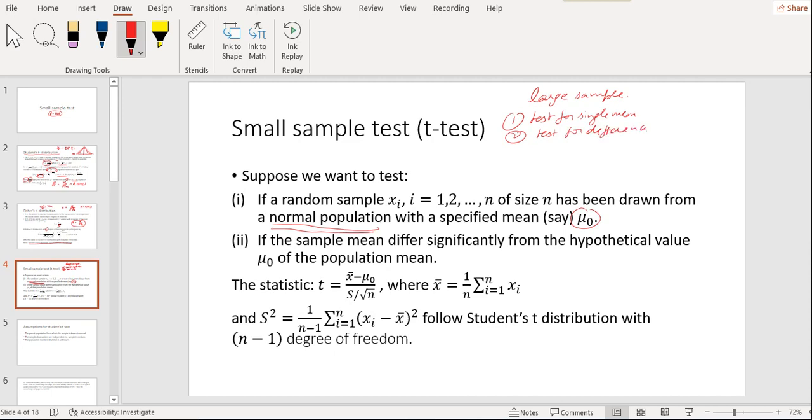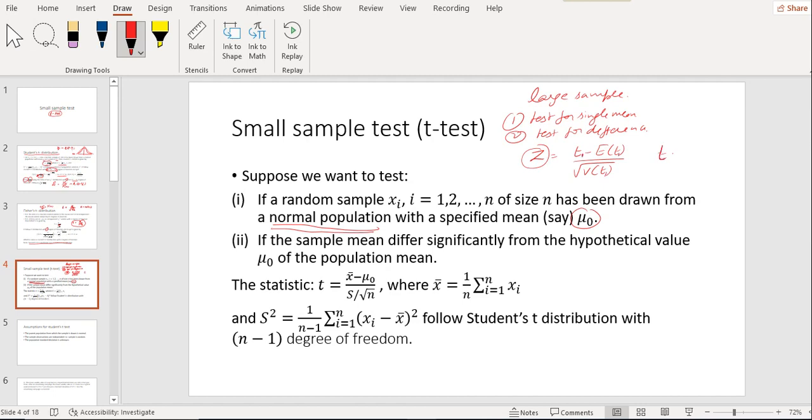And I already told you that whenever we perform testing of hypothesis, the formula is the estimated statistic minus the expected value of the statistic upon the square root of the variance of t. So in the case of the small sample test, our statistic z is replaced with t, so I can denote the estimator with say t1.